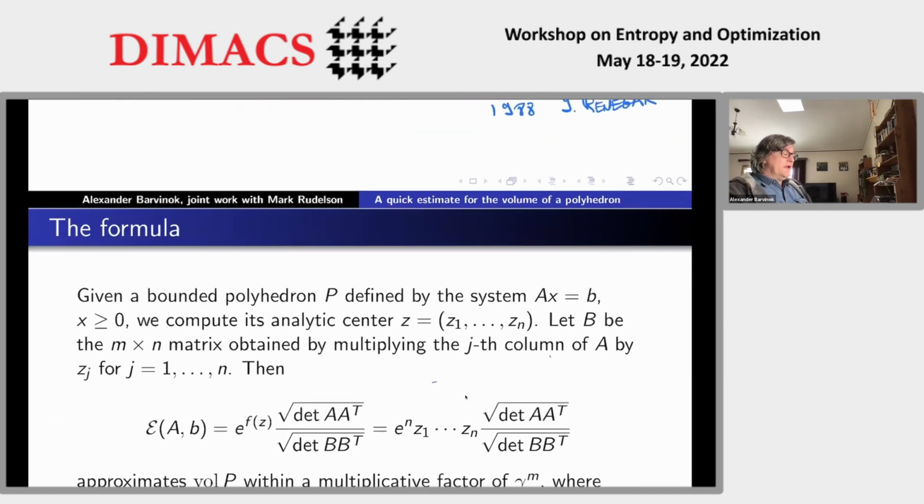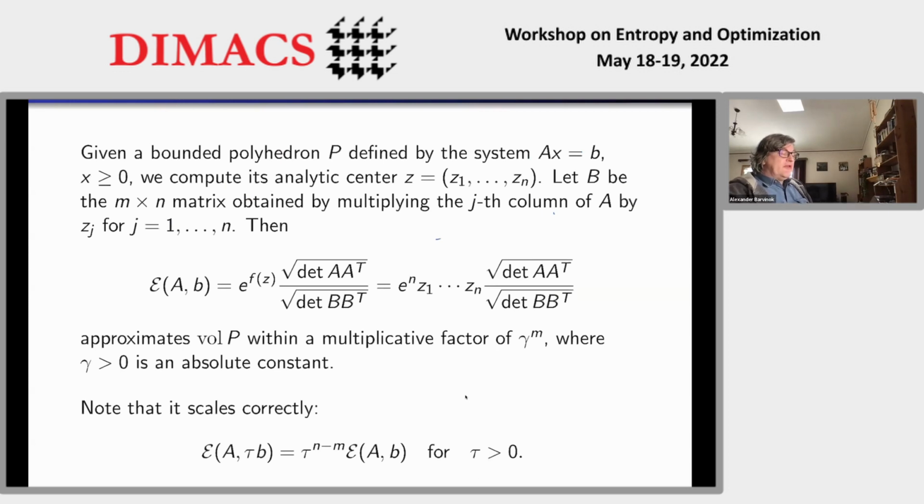So here's a formula. We still have this polyhedron defined by a system of linear equations, which are independent, and coordinate-wise inequalities. We already computed the analytic center. Now what we do is take the matrix A, which is a rectangular matrix, and multiply the j-th column by the j-th coordinate of that analytic center.